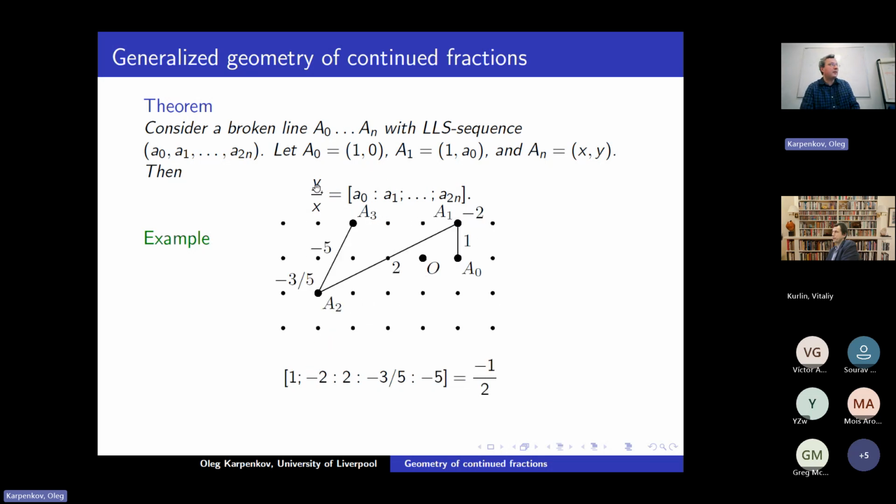Then we again end up with A3, which will be here, with coordinates minus 2 and 1. Oh, I did it wrong, minus 1 over 2, sorry. So basically that line from O to A3 will have a slope minus 1/2. So this is completely analytically continuous here for every broken line.